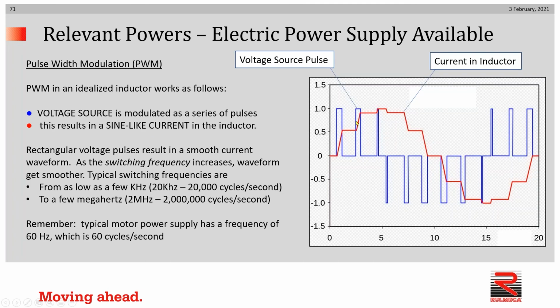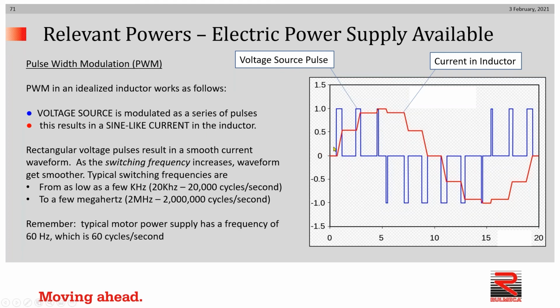Now let's have a look at pulse width modulation. As you can see in this graph, the voltage source is pulsed using a certain clock frequency. Here we're looking at 20 milliseconds, and the voltage source is modulated electronically as a series of pulses. Here's a longer pulse, a very short pulse, shown on the blue bars.